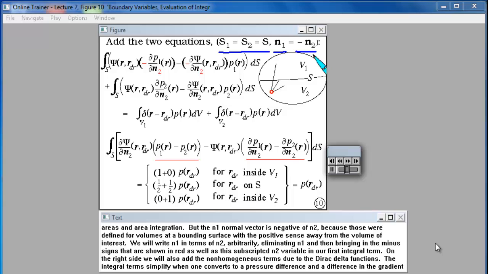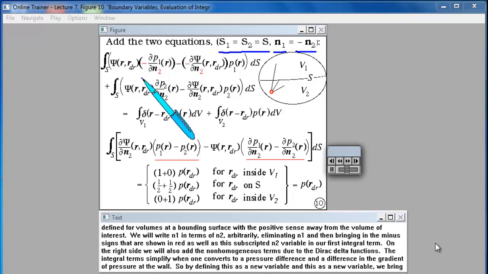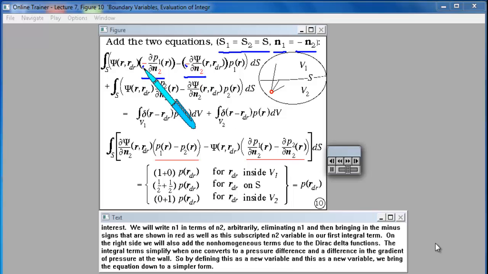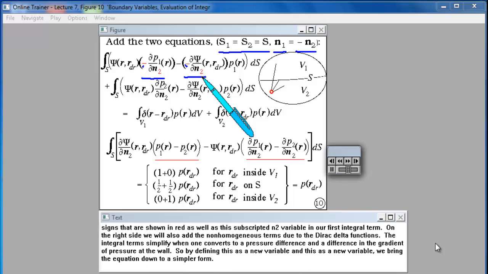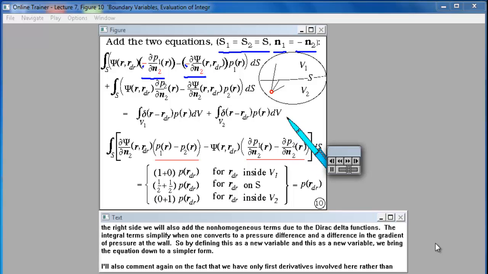We will write N1 in terms of N2 arbitrarily, eliminating N1 and then bringing in the minus signs that are shown in red, as well as this subscripted N2 variable in our first integral term. On the right side, we will also add the non-homogeneous terms due to the Dirac delta functions.